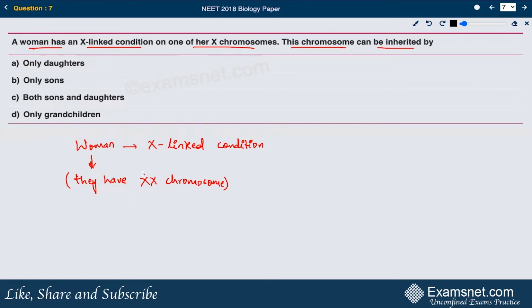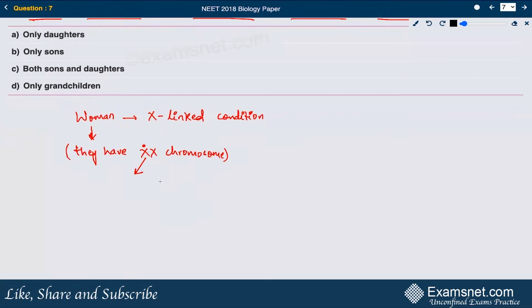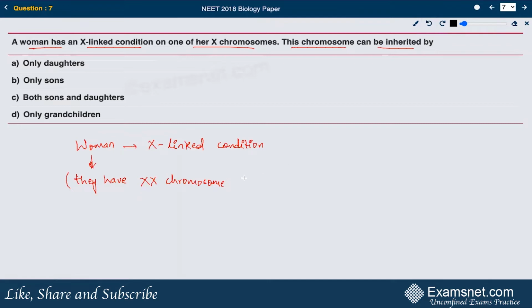For example, this one is having the X-linked condition.